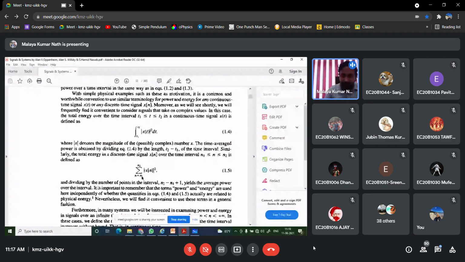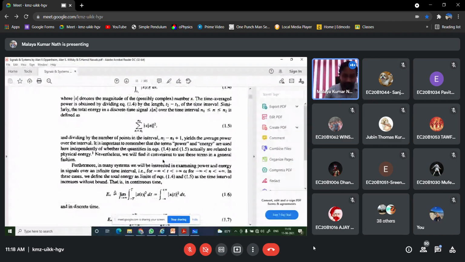When I consider the interval n1 to n2, the number of samples it can accommodate is n2 minus n1 plus 1. Right. So this is all about the power of a signal. Now we understand from this expression the power and the energy of a signal, but how will we calculate them over an infinite interval of time?